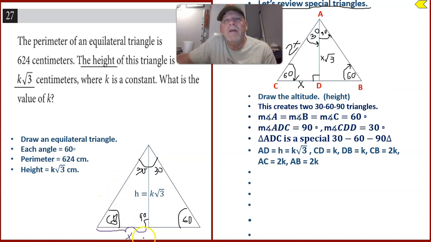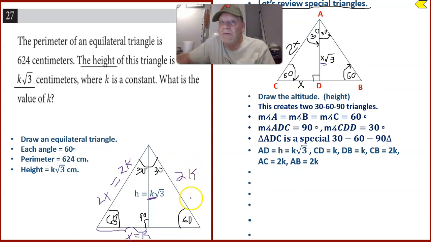And then since that's x and we know here's our x, this value right here is not an x, it's a k. So we can say that x really in this case is k. So in this 2x here, since we're in terms of k, we can write it as a 2k.